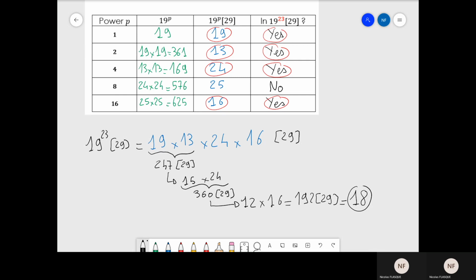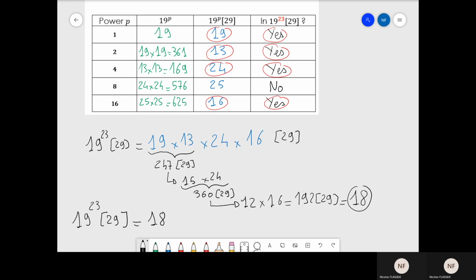So we know with this kind of operation that 19 to the power of 23 modulo 29 is equal to 18. We've done that by calculating efficiently with numbers which are not so huge.